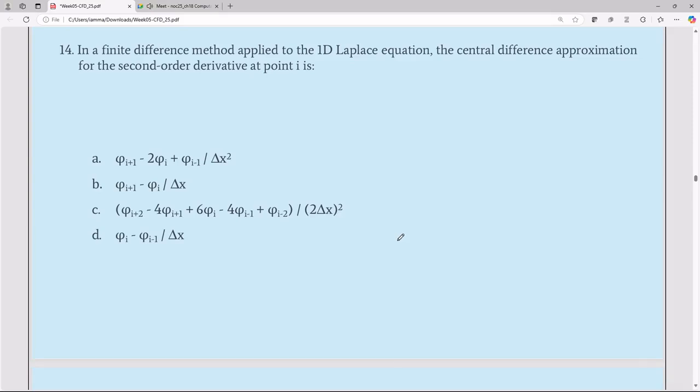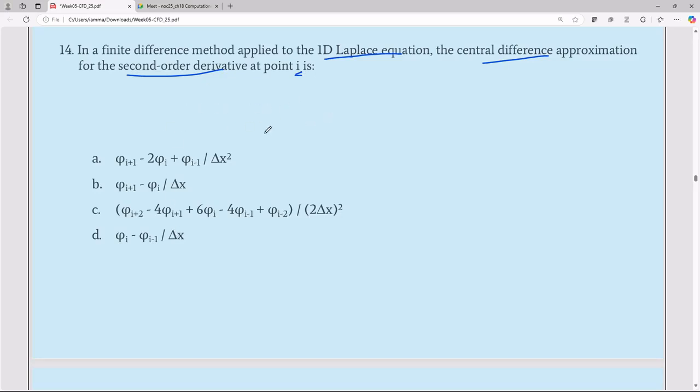Next question is on the finite difference method applied to the one-dimensional Laplace equation. The central difference approximation for the second order derivative at point I is which among the following?